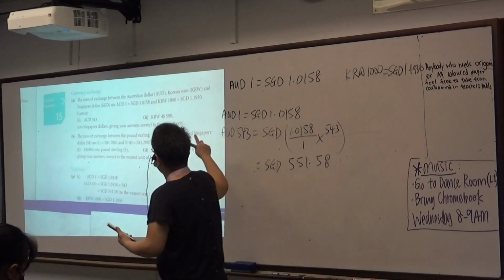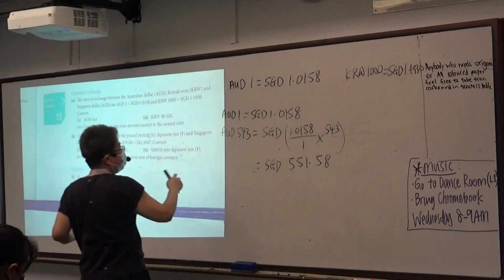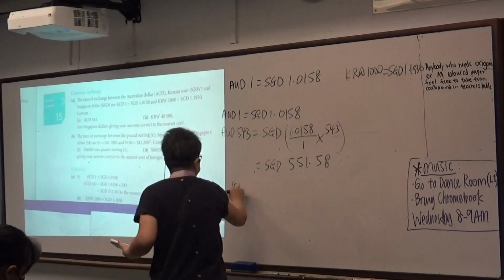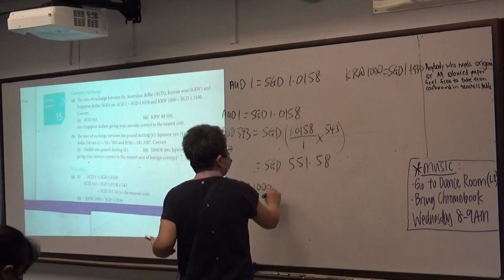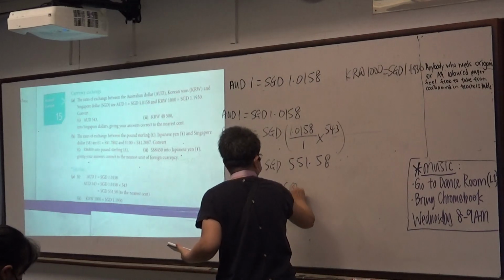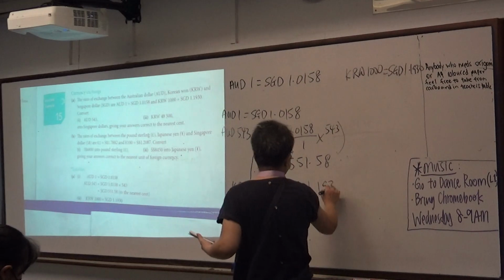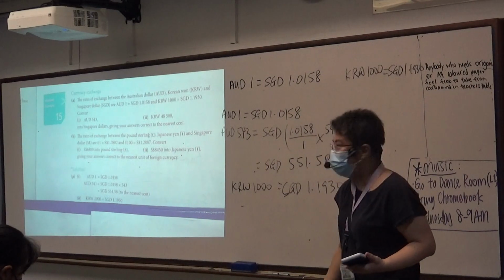Understand? Okay, let's take the next one. The Korean. Now, KRW 1000 is SGD 1.1930 according to the question.